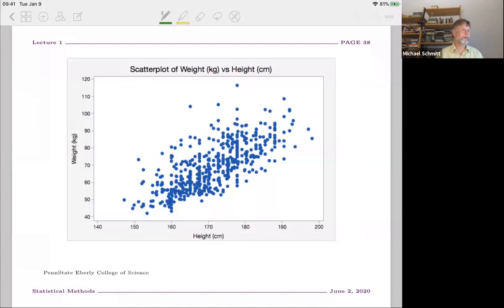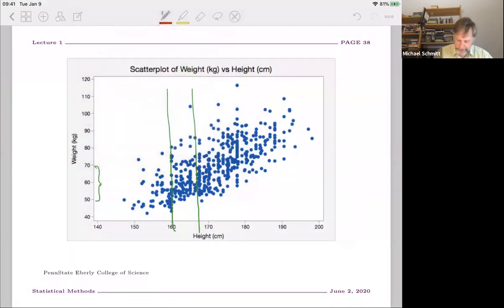So this is obvious to all of you that they are dependent, right? And it should be obvious because imagine that I picked a height between 160 and 165 and then considered what the weights are. Well, pretty clearly, I'm going to end up with weights mainly in the range of 50 to 70 kilograms.